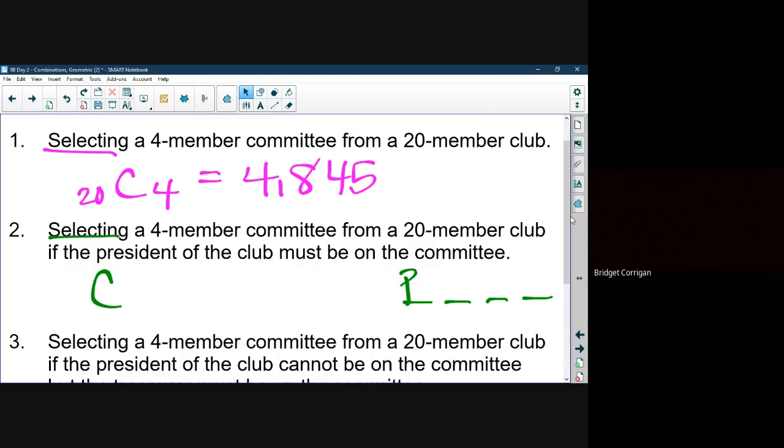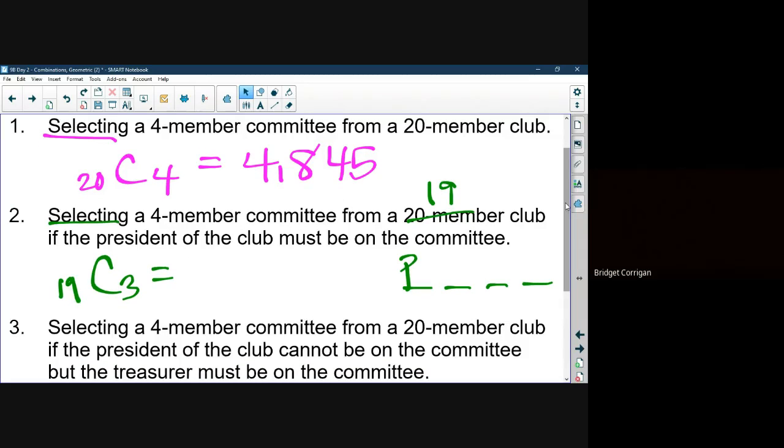So now we're down from 20. For the remaining 3 seats, we have only 19 members to choose from because we took out the president. Of the 19 remaining people, we have 3 seats left to fill, and it doesn't matter what order we fill them in. We just need to know how many options there are for filling the remaining 3 seats out of 19 people. So you would do 19C3. Go ahead and put that in your calculator.